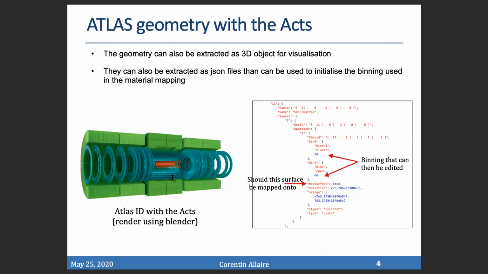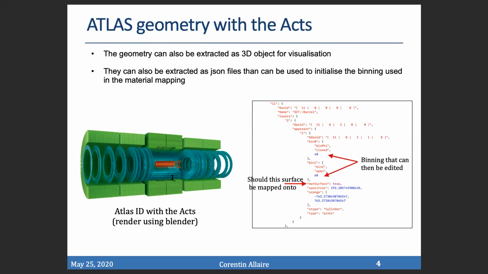You can also, with this geometry, extract the geometry as a JSON file that can be used to perform some initialization of the material mapping that I'm going to present just after. So the idea is that you extract a file similar to what you can have on the bottom right here that gives you the name of the different detectors, the different sublayers, etc. And what you can do, for example, with those JSON files is really easily edit them.